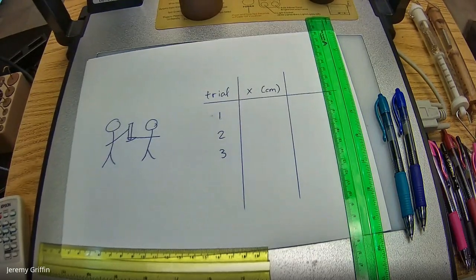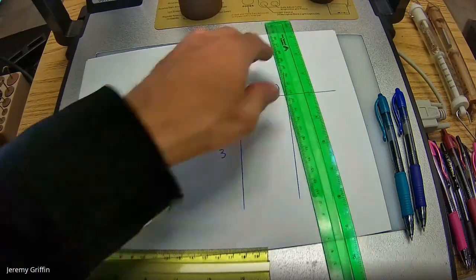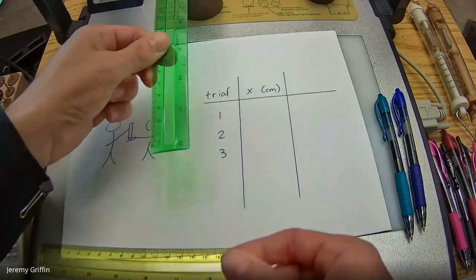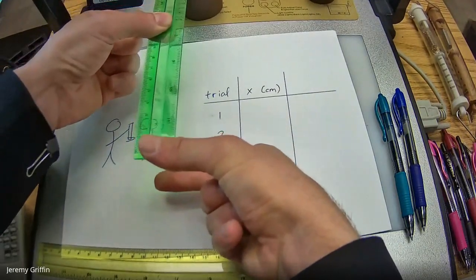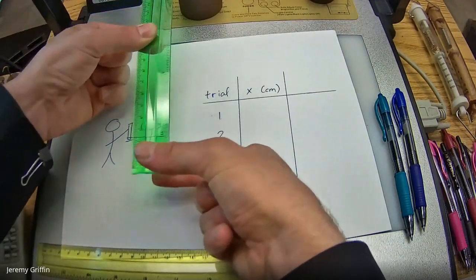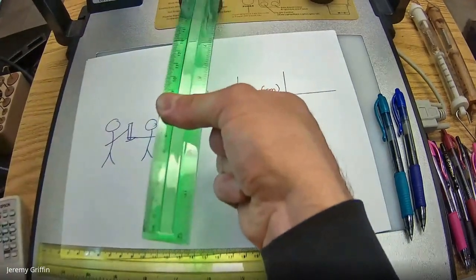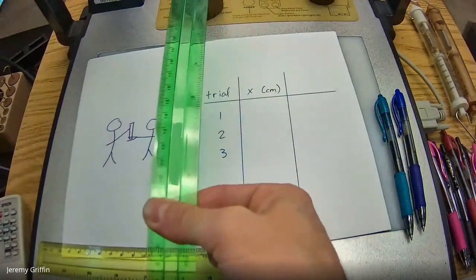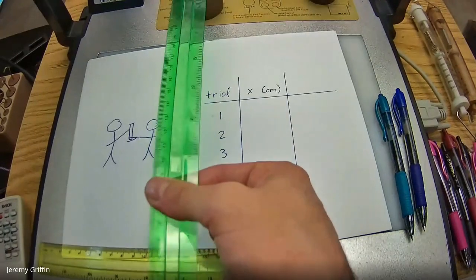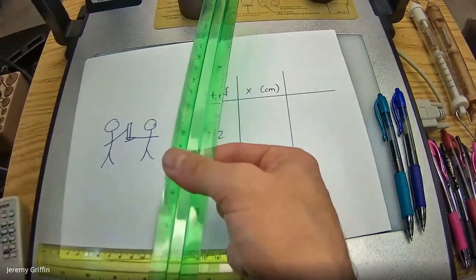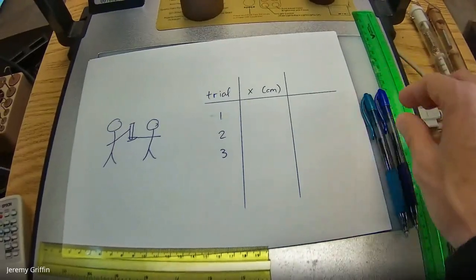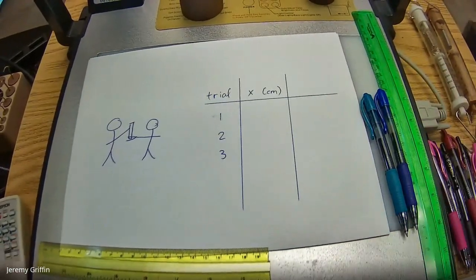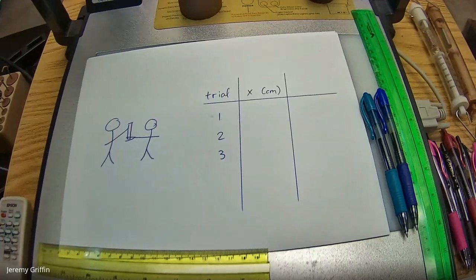So you partner with somebody. You're holding the ruler and your partner's going to catch it as fast as they can. So you surprise drop it, and then they catch it wherever they catch it. You definitely need a partner for this: one person to surprise drop it, the other to catch it as fast as they can.